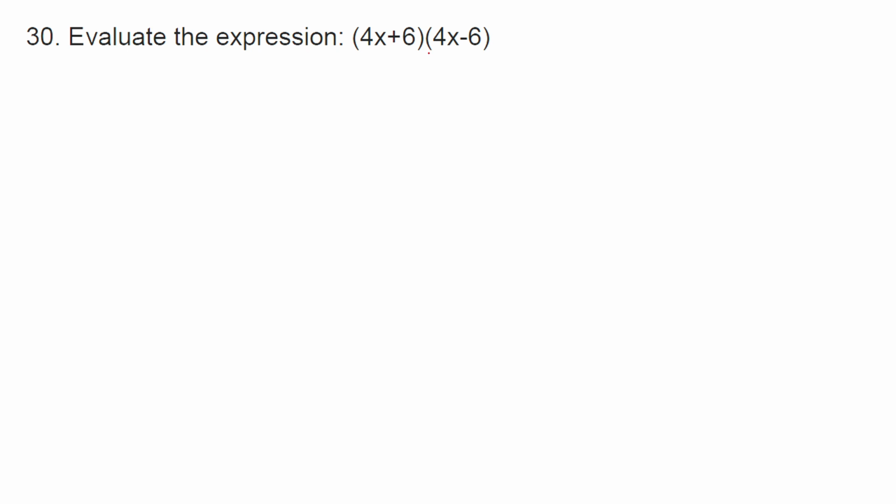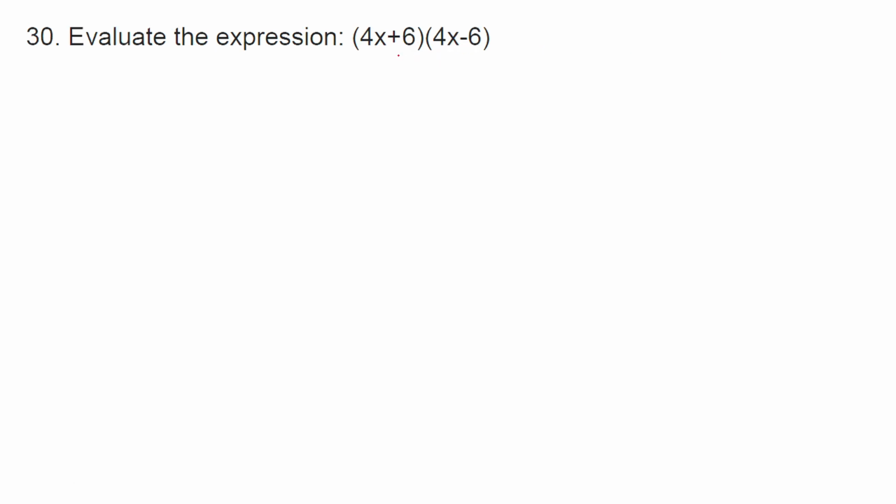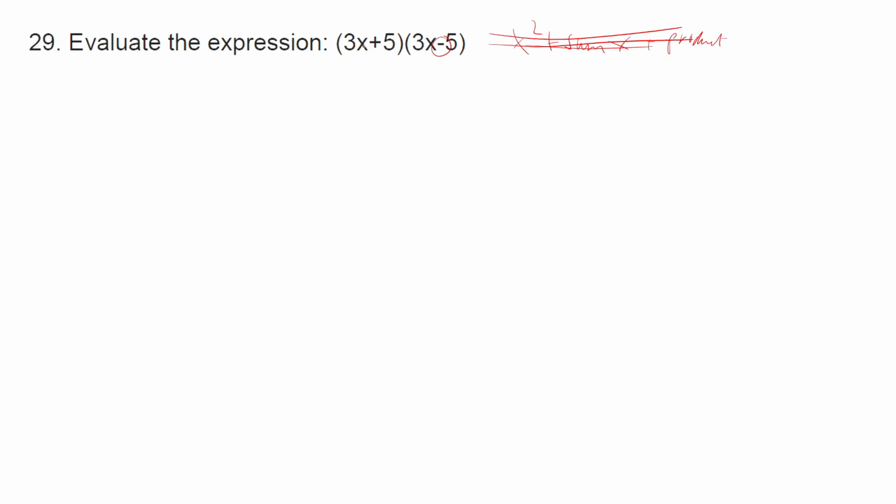And then you see here the plus and minus. That is difference of two squares. And when you have that kind of given, what you just have to do is square. You get the square of 3x, and you also get the square of 5.